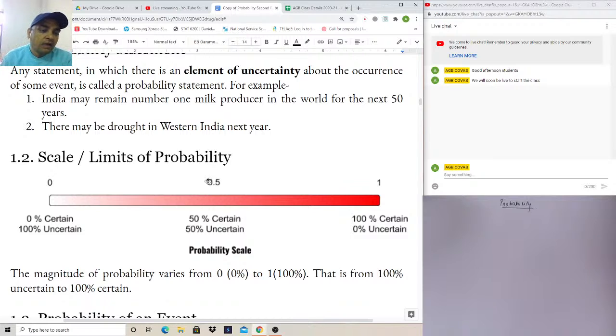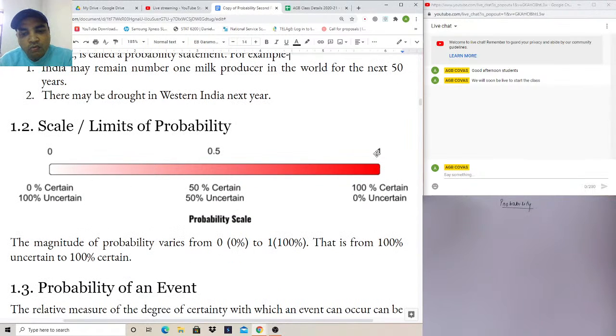Now we will learn about another aspect of probability, that is the scale or limits of probability. On what scale can probability be measured? Probability can be measured on a 0 to 1 scale, or 0% certain to 100% certain, or in other words from 100% uncertain to 0% uncertain.